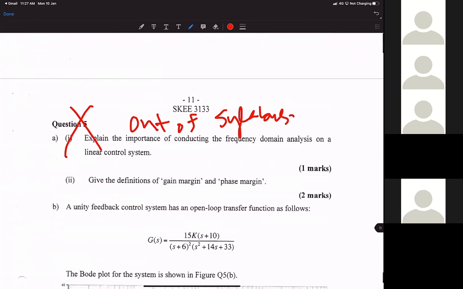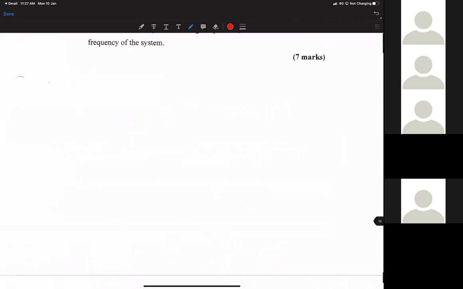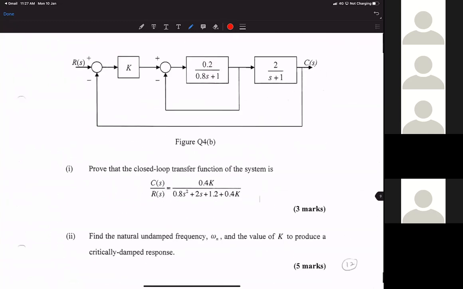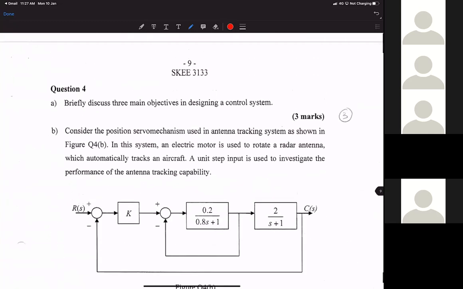It goes to 3143 next semester. So we go for question number 4, which is related to chapter 5. We will have a quick quiz, Quiz 3, on the 23rd of January.